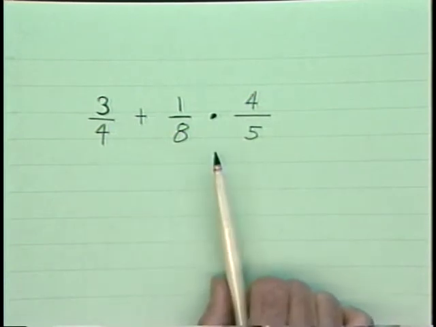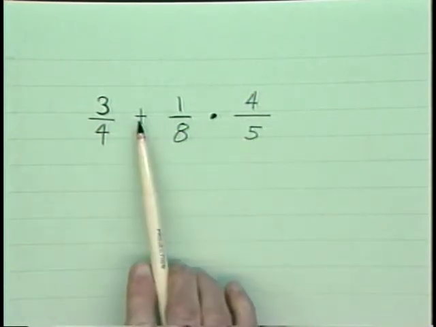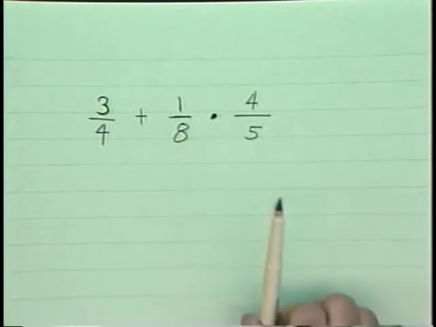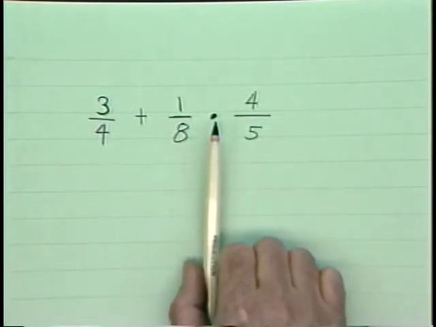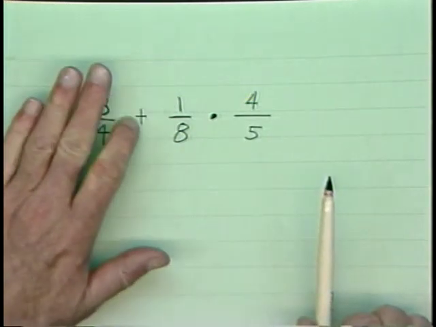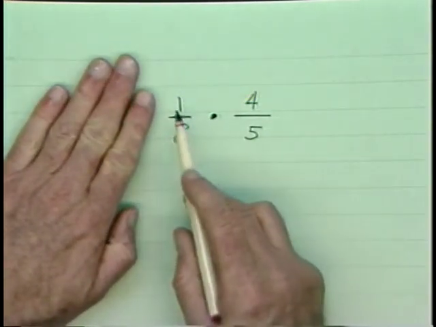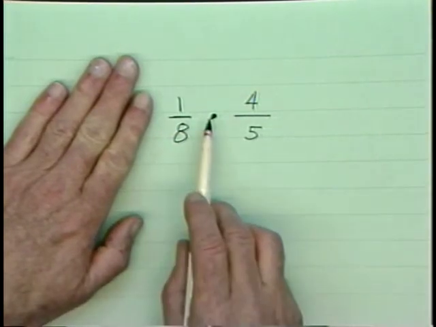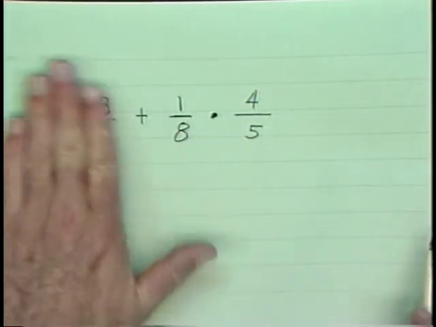Consider this setup now, where we have an addition and a multiplication. In this case, the order of operations says we do the multiplications before we do addition. And the multiplication is between these two fractions as though this didn't exist.